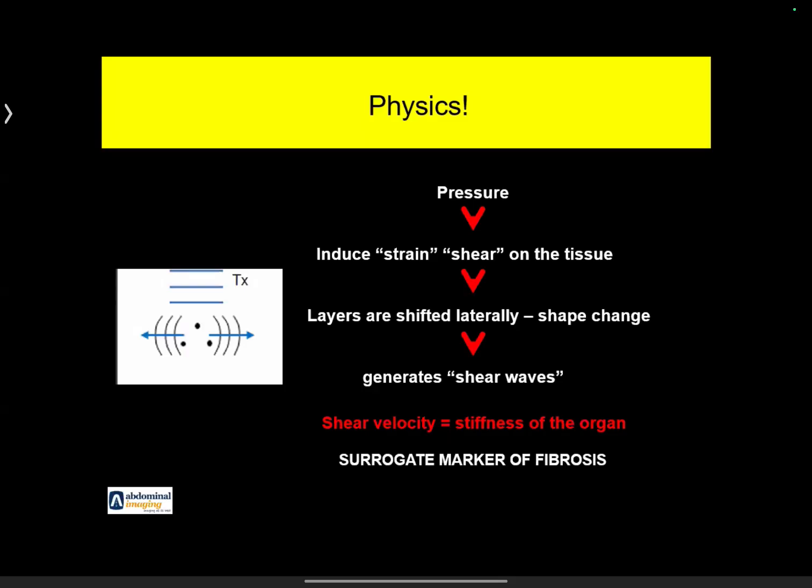So the stiffer the organ, the faster the speed, like if the pitch is hard, it bounces much more. So it's something like that. And this shear wave velocity is a surrogate marker of fibrosis.